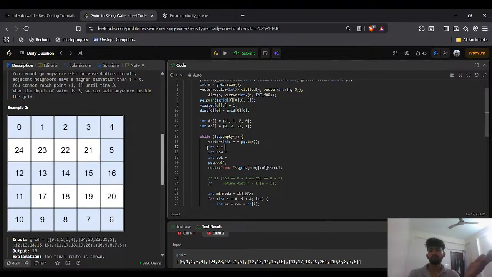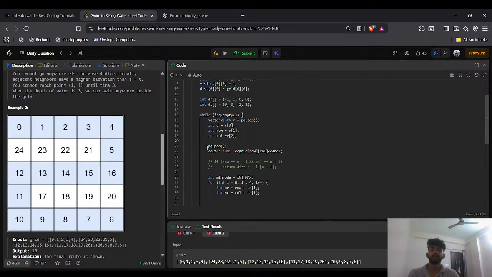Now pq dot top, and at this distance we know we have 3 indexes: v0 will be this, v1 will be this, v2 will be this. Now we are good to go.